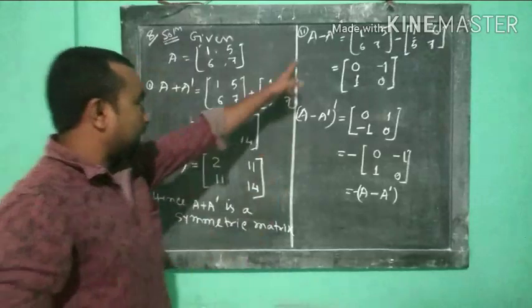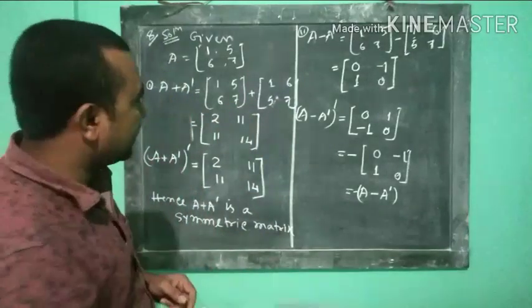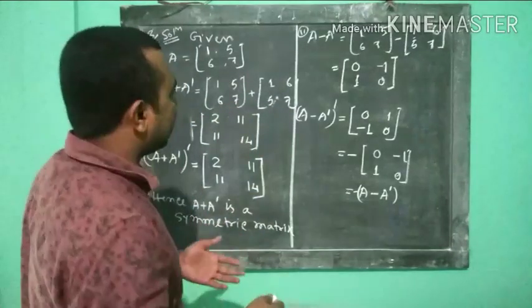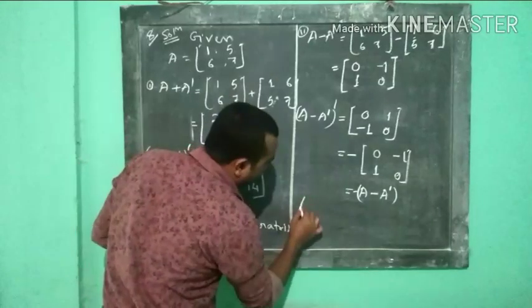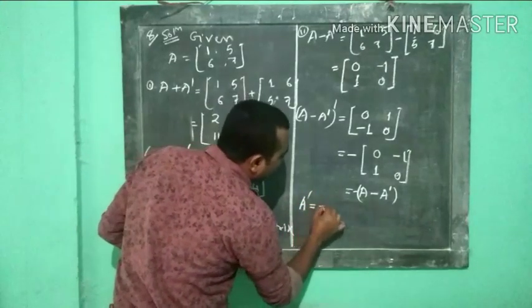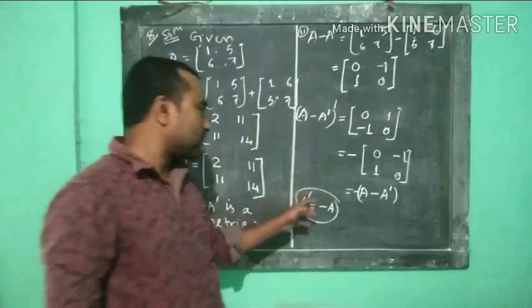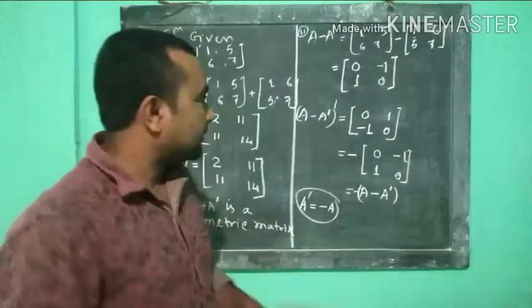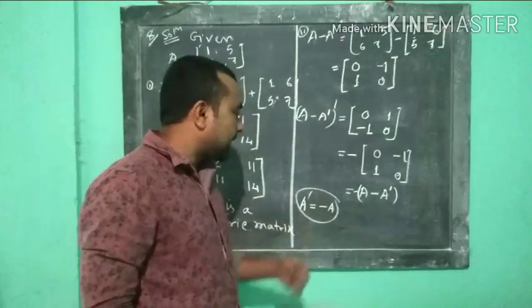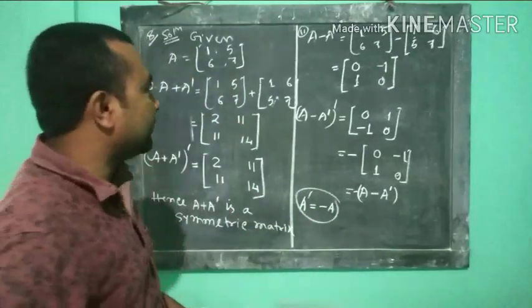So according to the skew symmetric matrix, we call A a skew symmetric matrix when A transpose is equal to minus A. If A is a matrix, then A transpose equal to minus A. If this condition is satisfied, then A is a skew symmetric matrix.